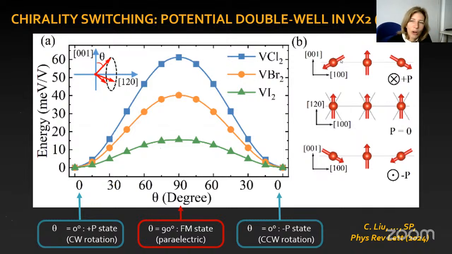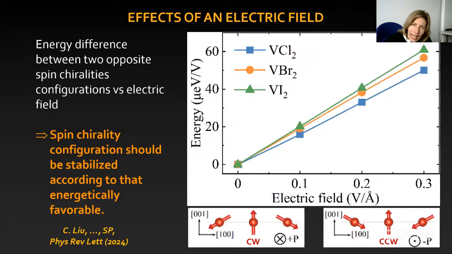If you do the calculation by forcing the direction of the spins and progressively moving from clockwise to counterclockwise, your total energy starts from a minimum, goes up in energy, and then goes down to the second minimum. So this is a proof of the double well in spin space. Again, you can apply an electric field in reality, but also in DFT, because we have a single layer, perpendicular to the layer.